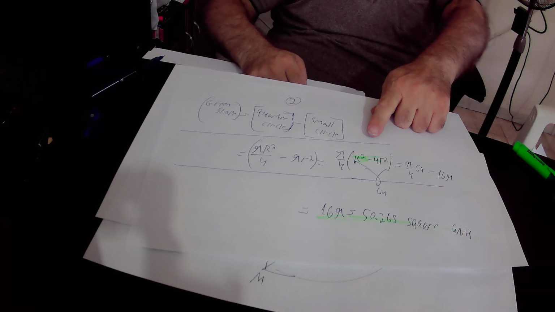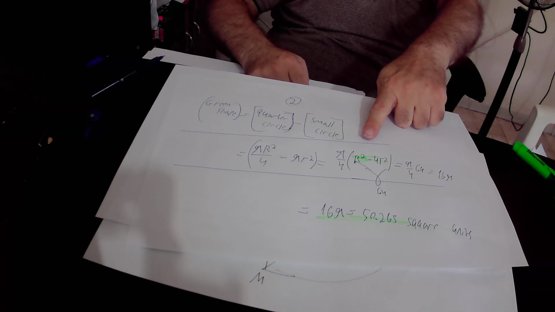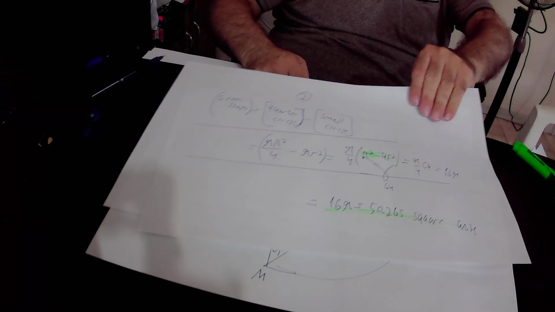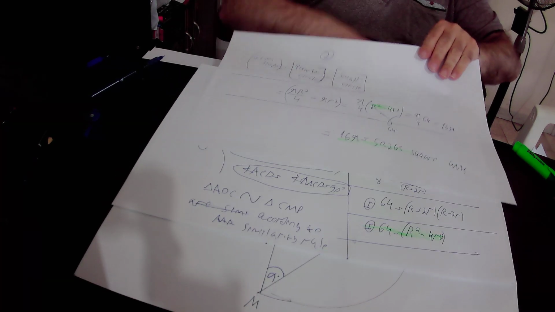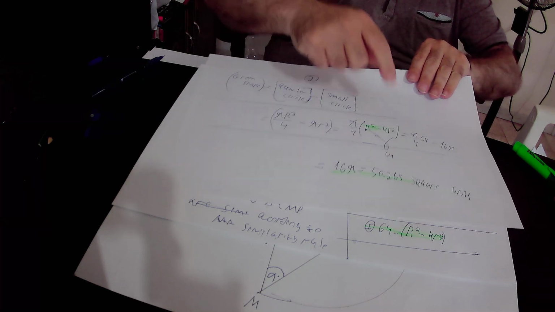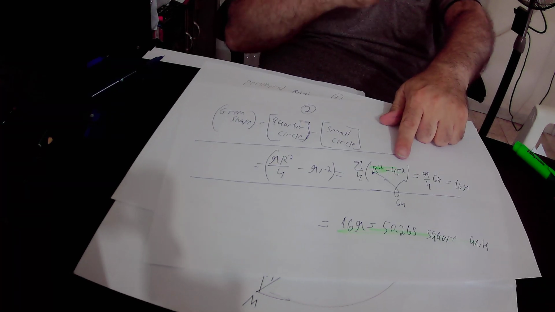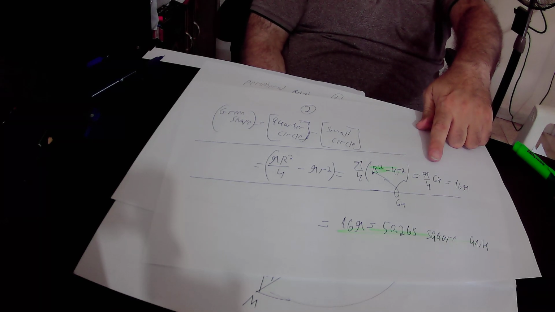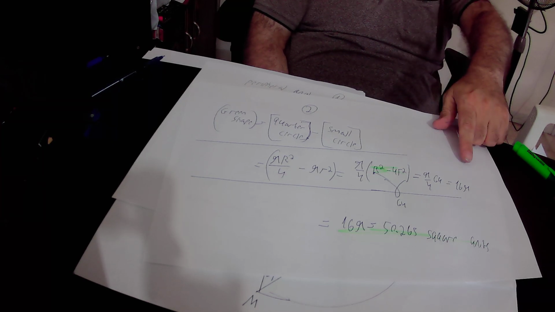Inside the brackets we are left with capital R squared minus 4r squared. But we have found that capital R squared minus 4r squared equals 64, therefore we can substitute 64. We got that the area of the green shape equals pi over 4 times 64. 64 over 4 is 16.